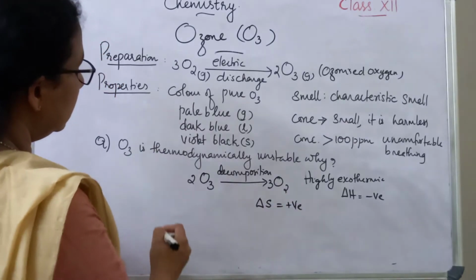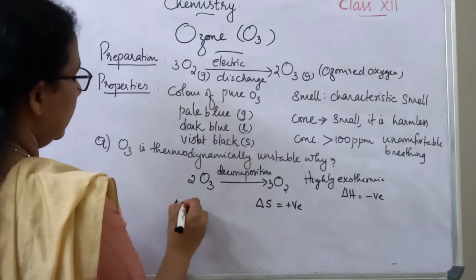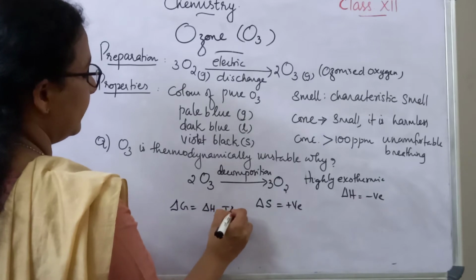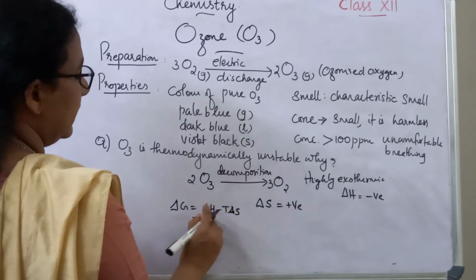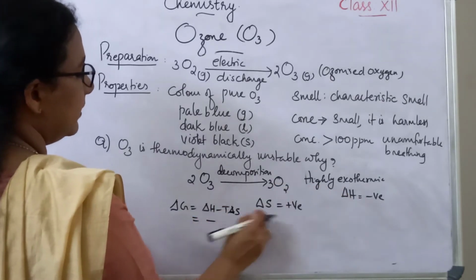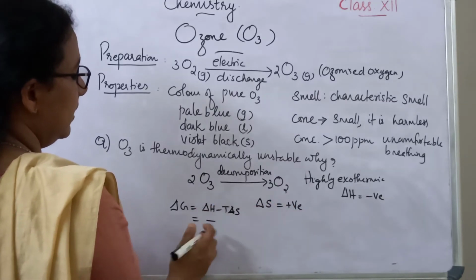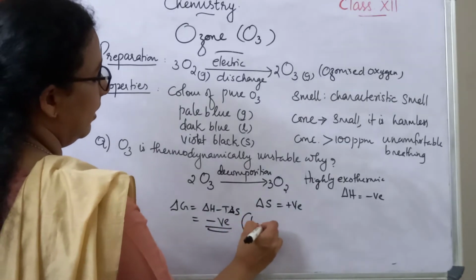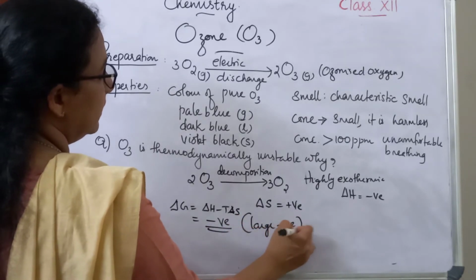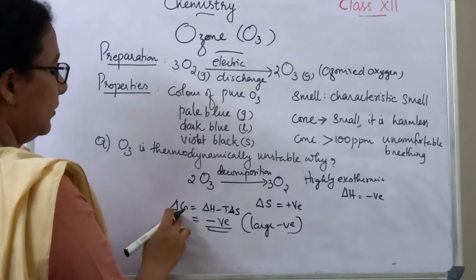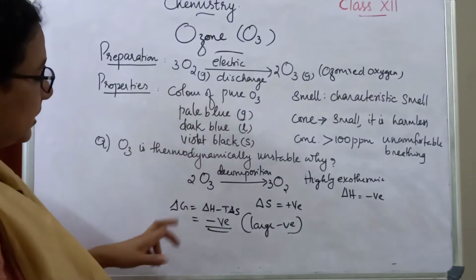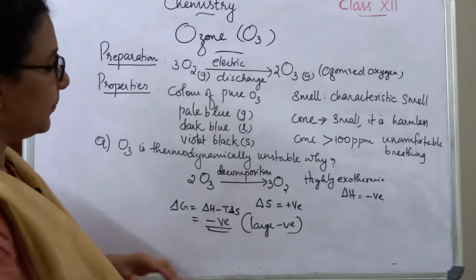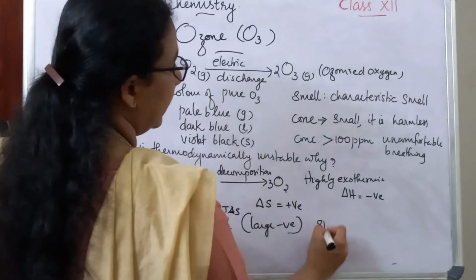So from the Gibbs energy equation, delta G is equal to delta H minus T delta S. Delta H is negative and delta S is positive. Here we will get a large negative value in the Gibbs energy change. So we can say that this is spontaneous also.